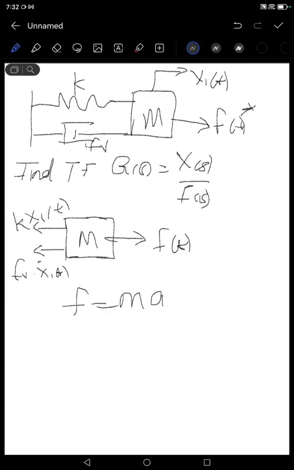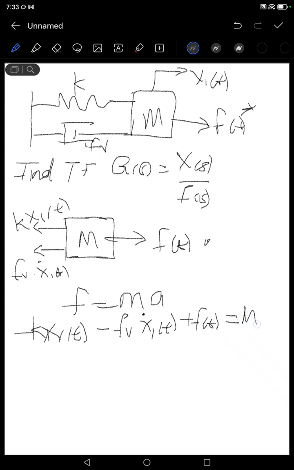So the left one is going to be negative K x1 of t, and then negative Fv x dot 1 of t, and then we have another force here, which is plus f of t, all equal to m, and we write our a in terms of x, so x double dot of t.